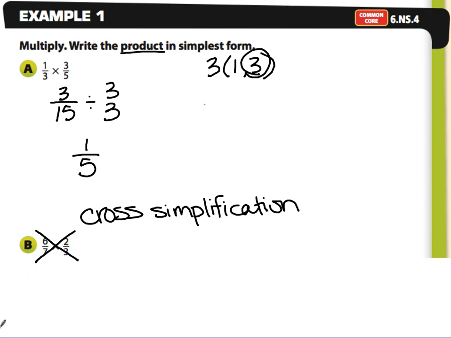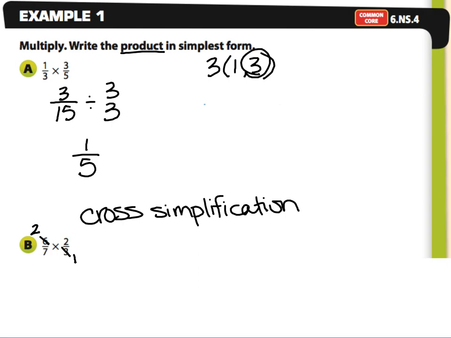What I'm looking for is, do they have a common factor? 6 and 3, do they have a common factor? Yes, and the largest common factor, or the GCF, is 3. If I divide 3 by 3, I get 1, and if I divide 6 by 3, I get 2.